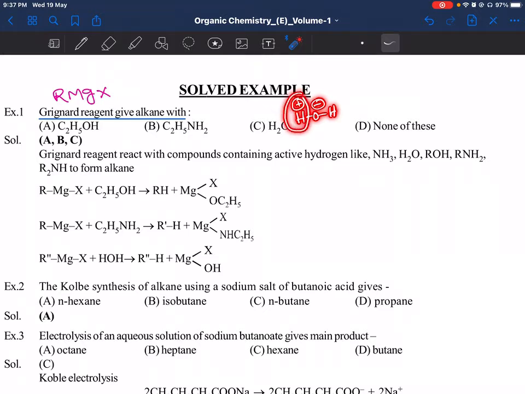This proton and R minus combine together and give alkanes. So the answer is A, B, C. All of A, B, C are answers.